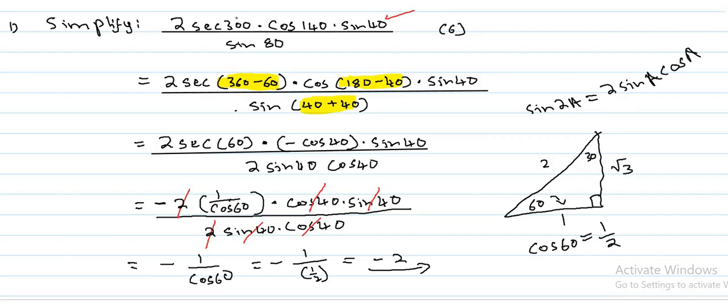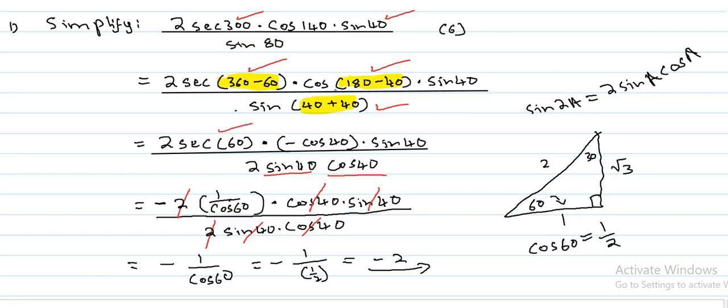But where you see angles like 300, 300 can be expressed in terms of special angles. 300 is the same as 360 minus 60. 140 is the same as 180 minus 40. 80 can be expressed as 40 plus 40, which gives us the double angle. And the double angle of sine, as we have spoken, is the same as 2 sine 40 cos 40.